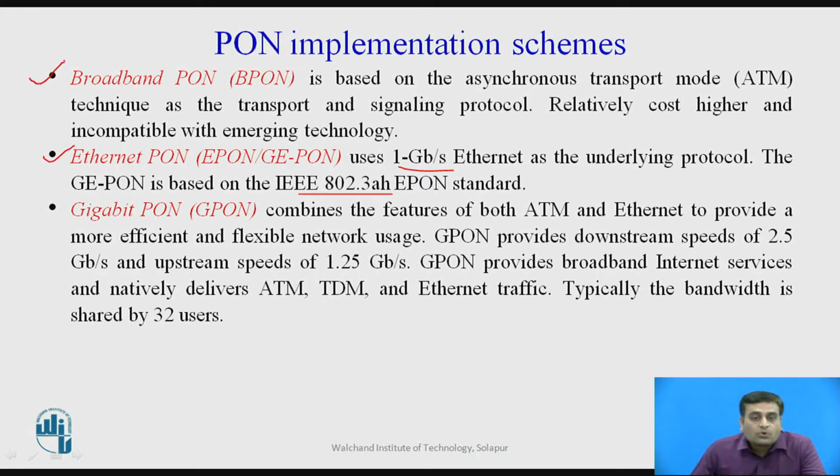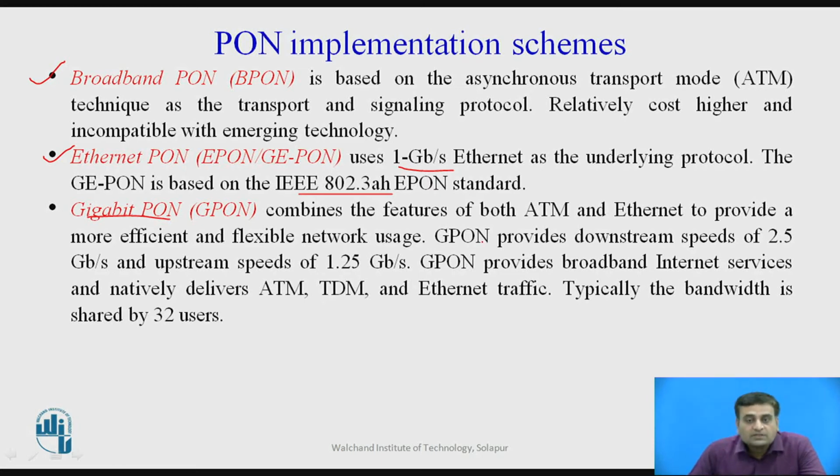Another implementation scheme, which combines the features of both EPON and broadband PON, is Gigabit passive optical network, as this combines the features of ATM and Ethernet to provide more efficient and flexible network uses. Gigabit passive optical network provides a downstream speed of 2.5 gigabits per second and an upstream speed of 1.25 gigabits per second.